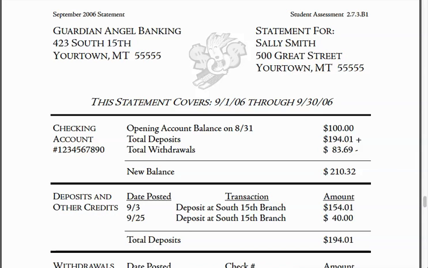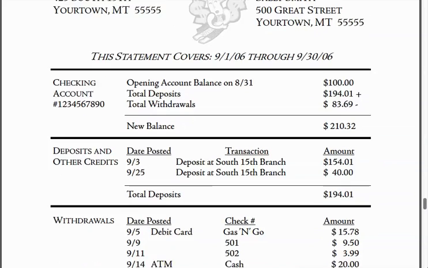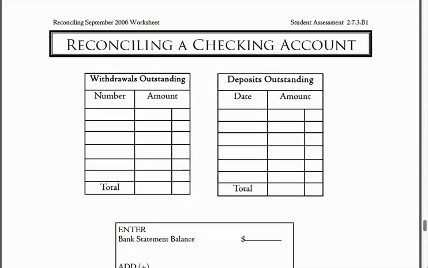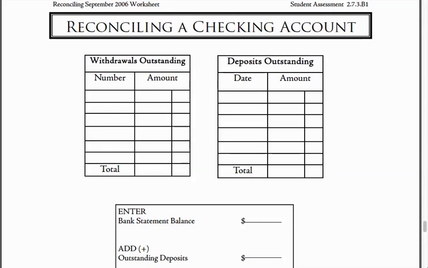That will differ from Sally's checkbook register. Your job is to reconcile that account and identify which checks are outstanding and which ones have been paid by the bank. And the form that you'll use is on the next page, and that's reconciling a checking account.